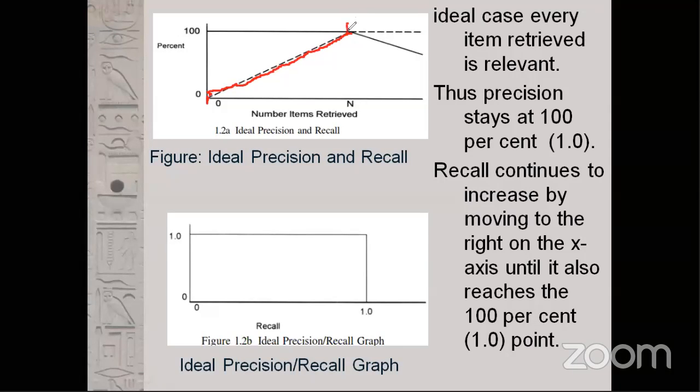Once it reaches 100%, my recall stays constant, but my precision falls again. Finally it is 40 by 100, so it may reach 40%.